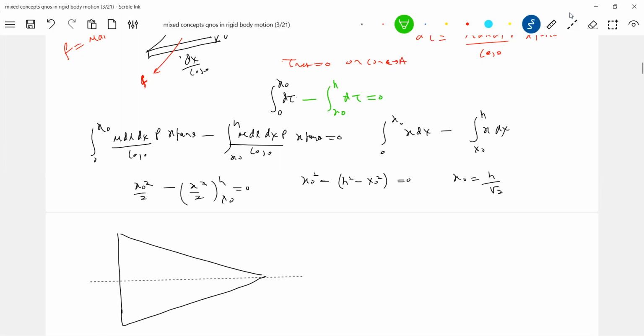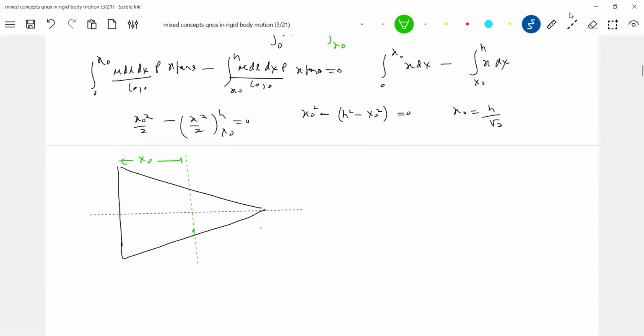X naught is a point here. The velocity of this point and the velocity of these 2 points will be equal. What about the velocity of this point?